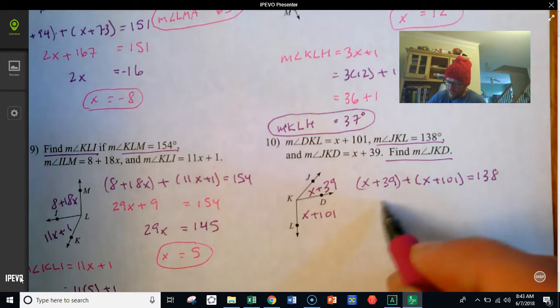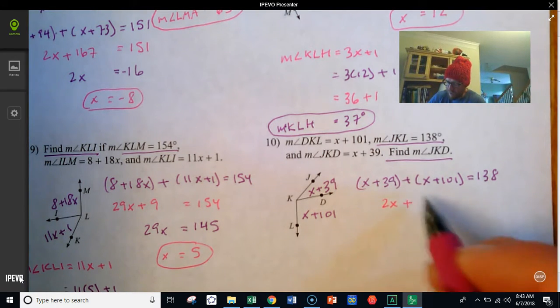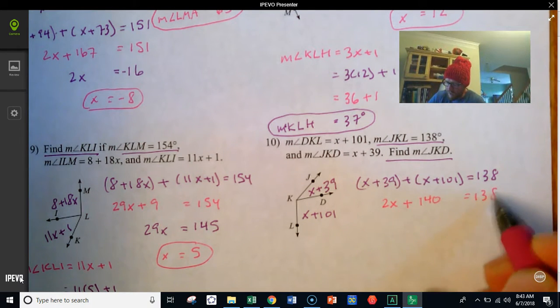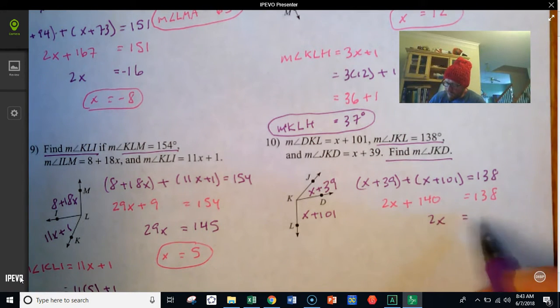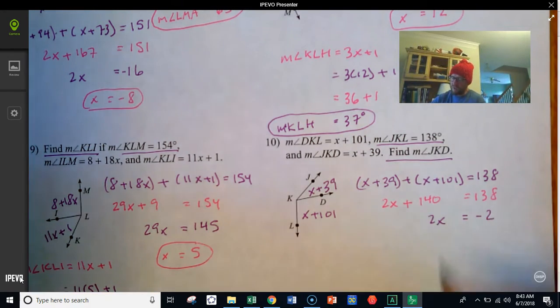Combine like terms, I've got 2 x's plus 39 and 101 is 140. We're going to subtract 140 from each side. Leaves us with 2x equals negative 2. Divide by 2, x equals negative 1.